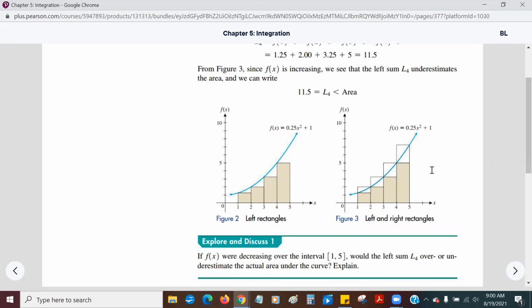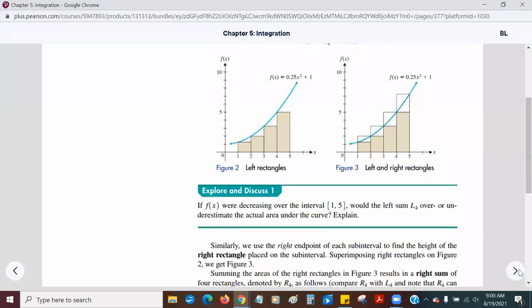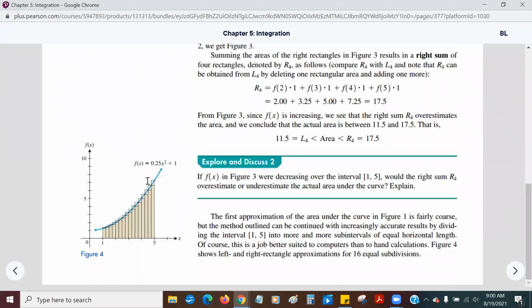And in fact, just imagine if you make these rectangles thinner and have more rectangles, they're going to get closer and closer to the actual curve. See, here it's the same curve, but now the rectangles are thinner, so there's a lot less white space.